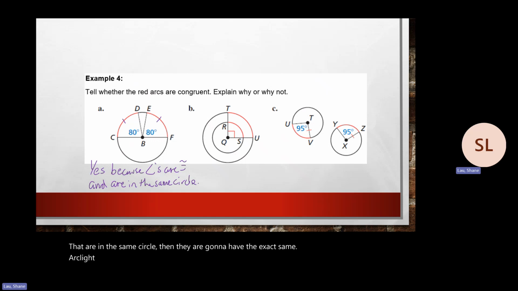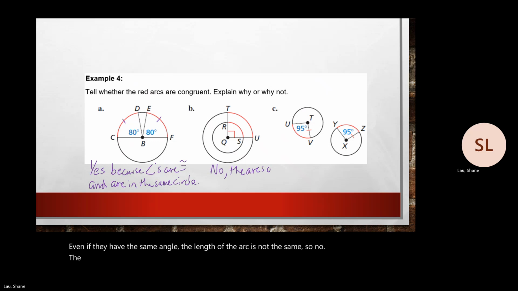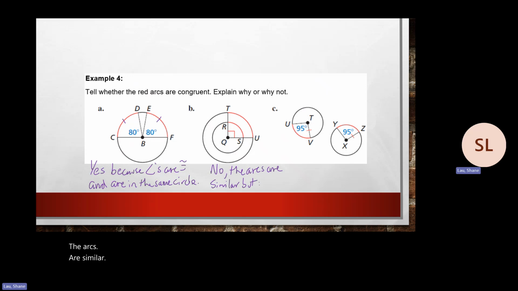However, here they are part of two different circles. One is smaller than the other one. Even if it has the same angle, the length of the arc is not the same. So no, the arcs are similar, but not congruent. And you can say not part of the same circle. That's part of the best way to put it.